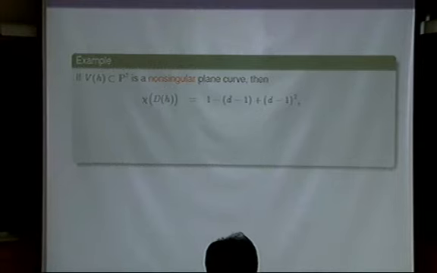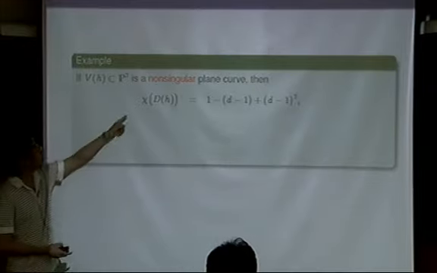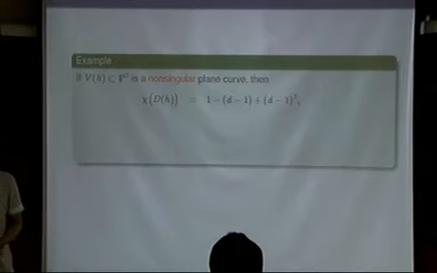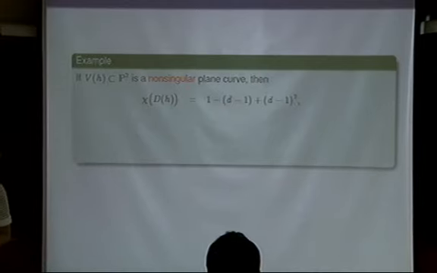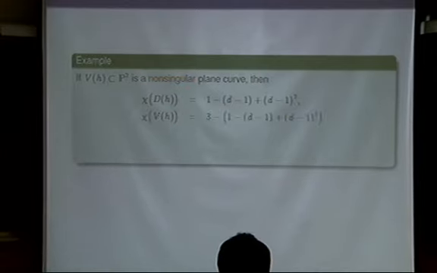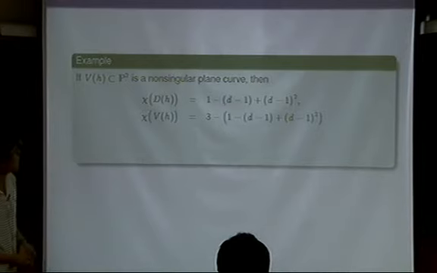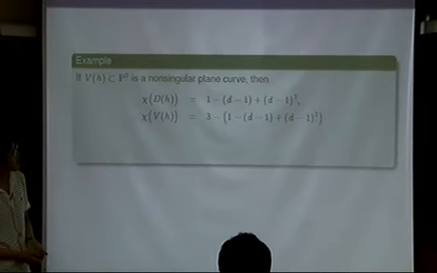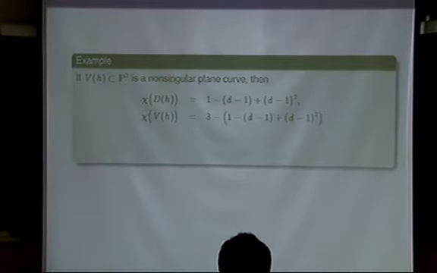So let's look at the particular case. If VH is a non-singular plane curve, then the topological Euler characteristic is obtained by taking the alternating sum of that geometric series. So the Euler characteristic of our plane curve is obtained by subtracting that number from 3, which is the Euler characteristic of CP2.